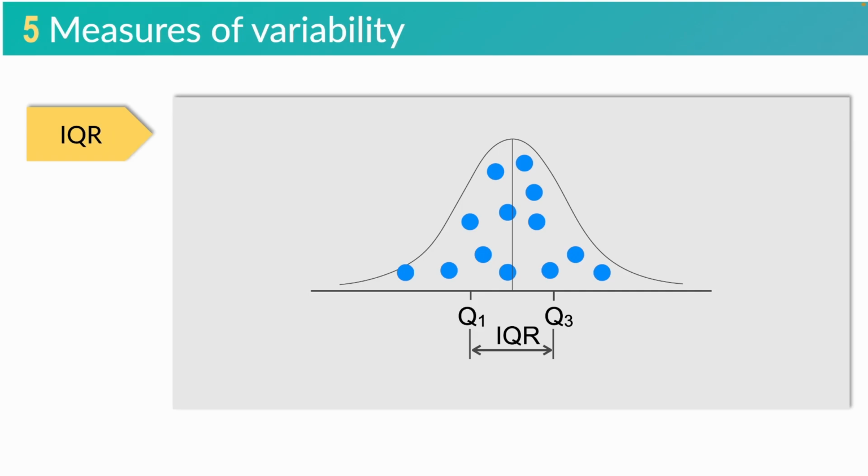The first quartile, or Q1, is the 25th percentile, where 25% of data falls below this point, and the third quartile, or Q3, is the 75th percentile, where 75% of data falls below this point. So the interquartile range is equal to the third quartile minus the first quartile. Clearly, this gives us more insight into the dispersion of a dataset when compared with the range between min and max.